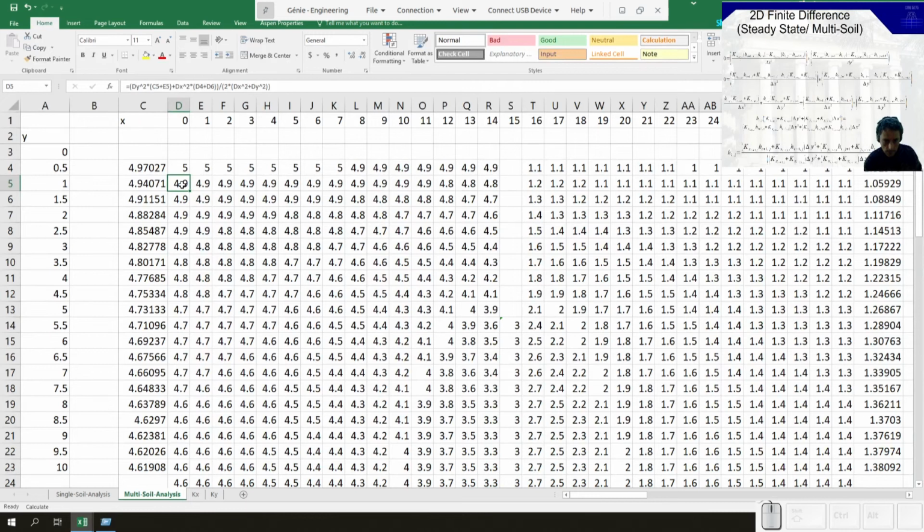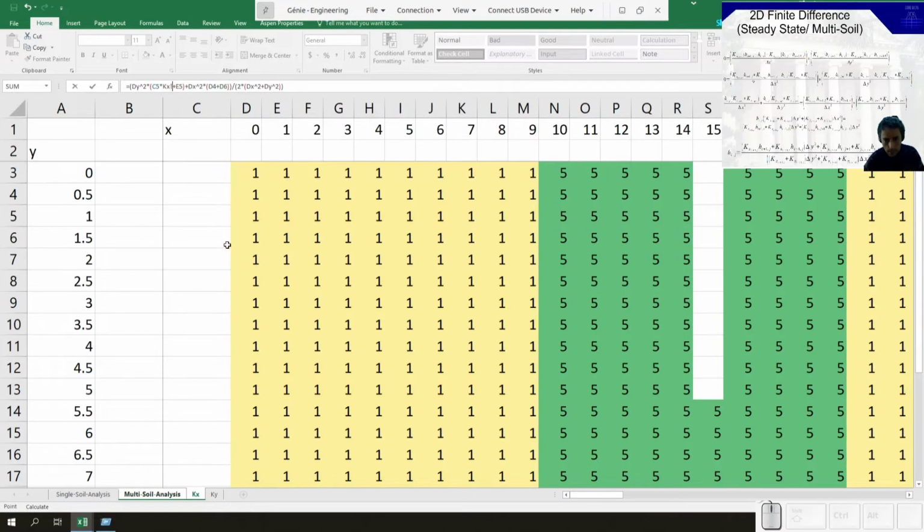So we are at row 1, and because we have the same number of rows as we have nodes, so we take, wait, is this d4?